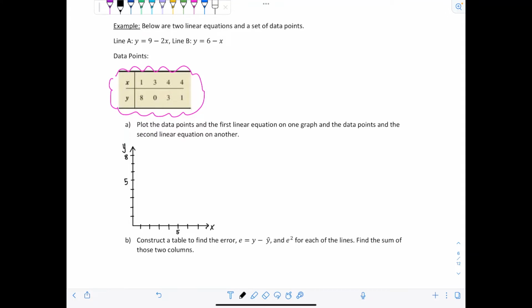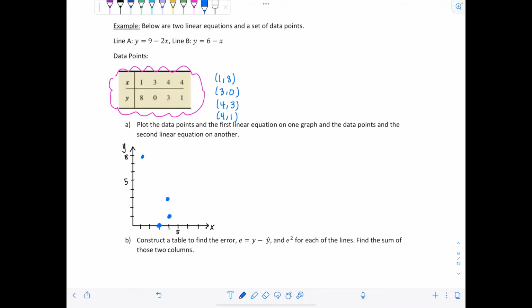Okay, so I'm gonna plot the scatter plot first. These ordered pairs are (1, 8), (3, 0), (4, 3), and (4, 1). Got it? Okay, so (1, 8) is here, (3, 0) is here, (4, 3) would be here, and then this is (4, 1).